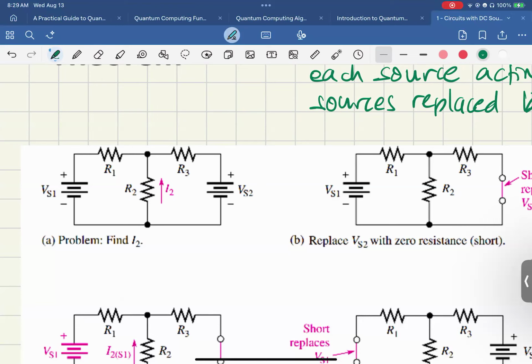Solve for the current at R2. Then, i-replace natin yung VS2 with a short or its internal resistance. Then, solve for the current at R2. So, yung total current ngayon will be the sum of those two currents. Yun yung superposition theorem, basically.